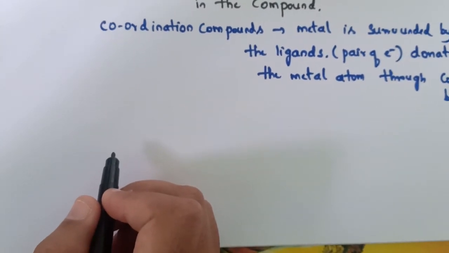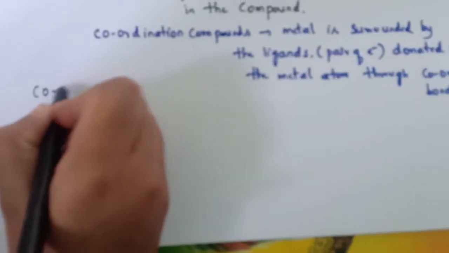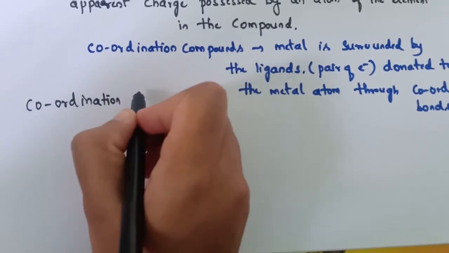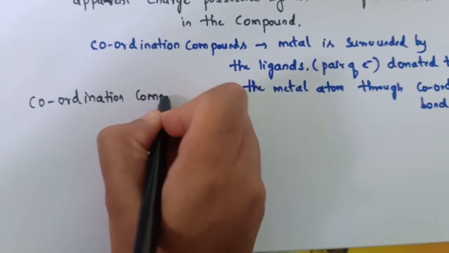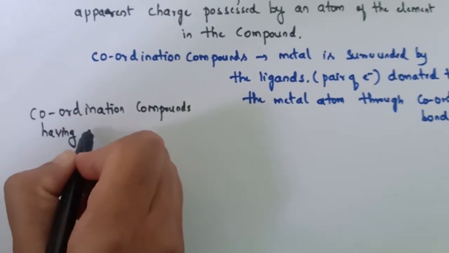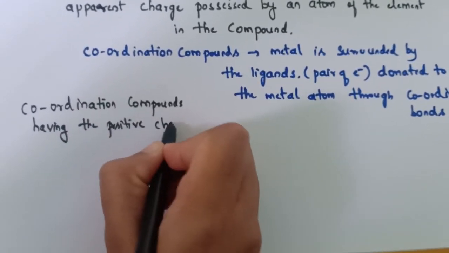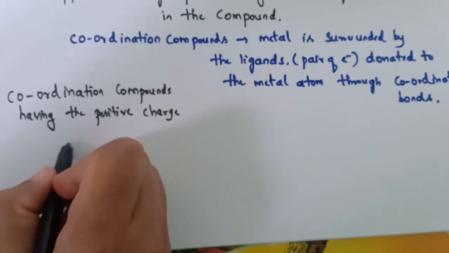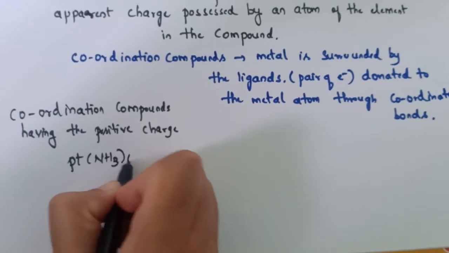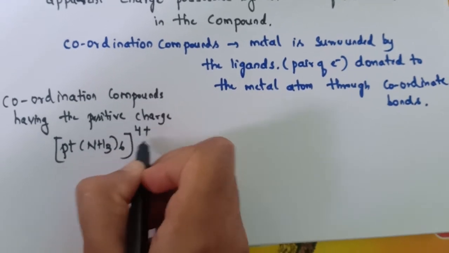Here we can solve the oxidation number for coordination compounds having a positive charge. Let's take this complex as an example. See, it is having a positive charge.